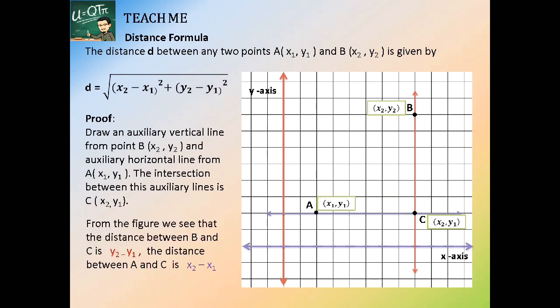From the figure, we see that the distance between B and C is y sub 2 minus y sub 1. The distance between A and C can be solved by getting the difference x sub 2 minus x sub 1.